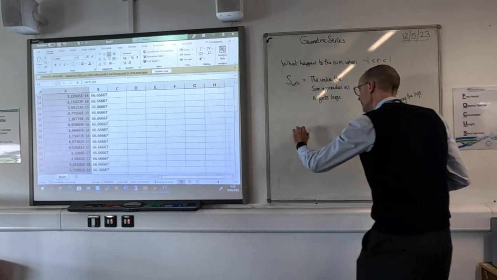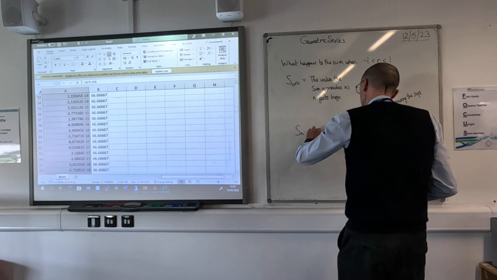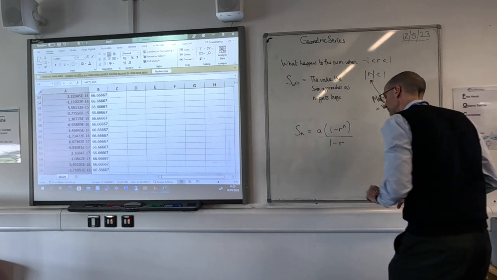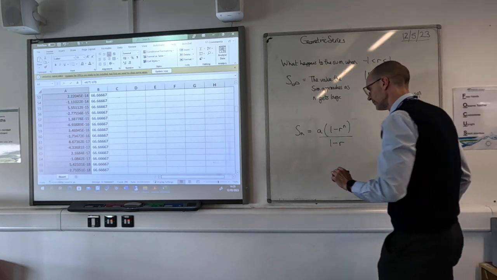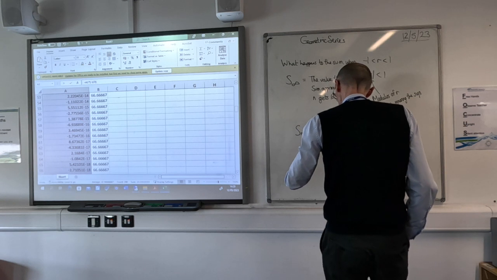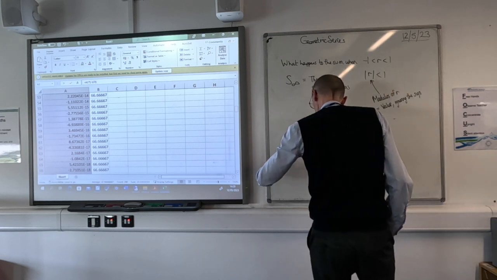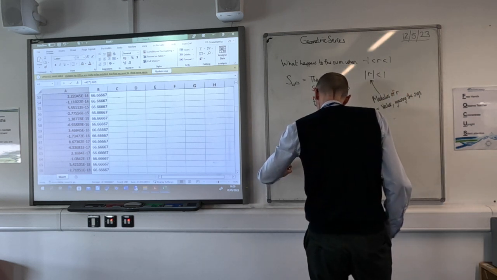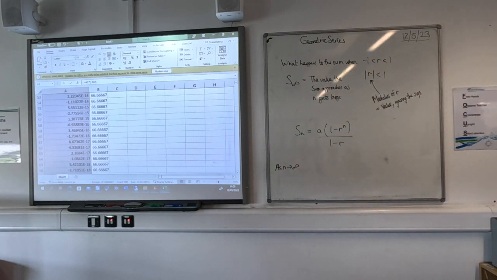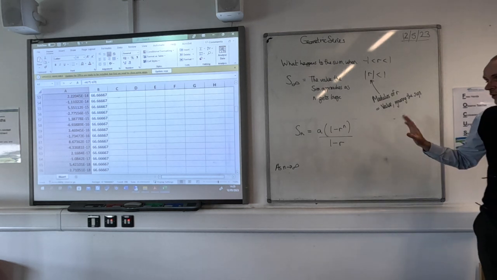Let's have a look at the normal sum formula. So this is the normal formula for the sum of any geometric series.